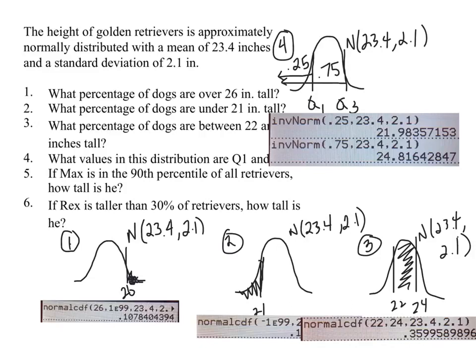That's the way the command works. So we had 25% below, or 0.25, mean, standard deviation. Q1 is 21.98 inches. Then I did the same thing, but now with 0.75 below, and 24.82 inches is Q3.